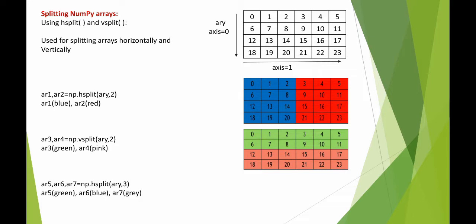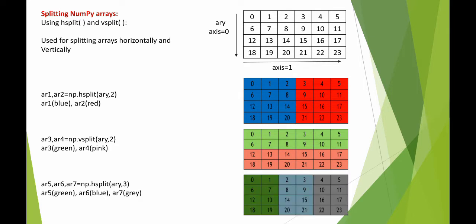Okay, so we'll have some output like this. See, what we have done here is we have split the array ARY in 3 equal parts, and since the splitting was to be done in the horizontal manner, so here it is.